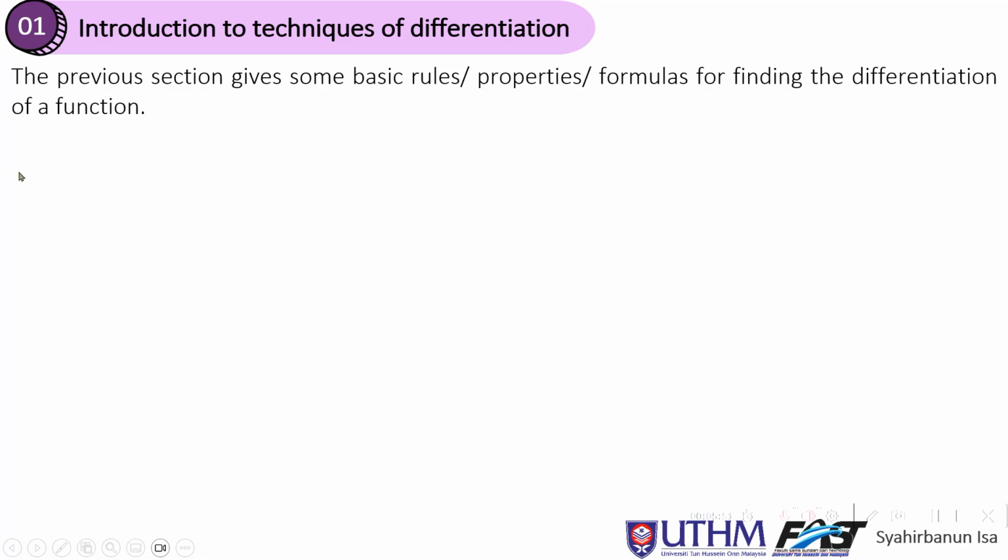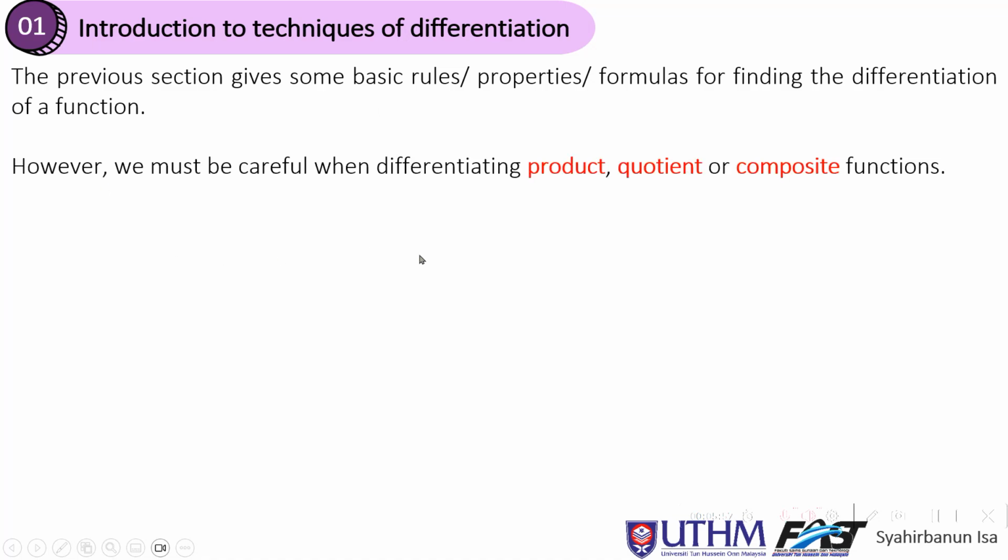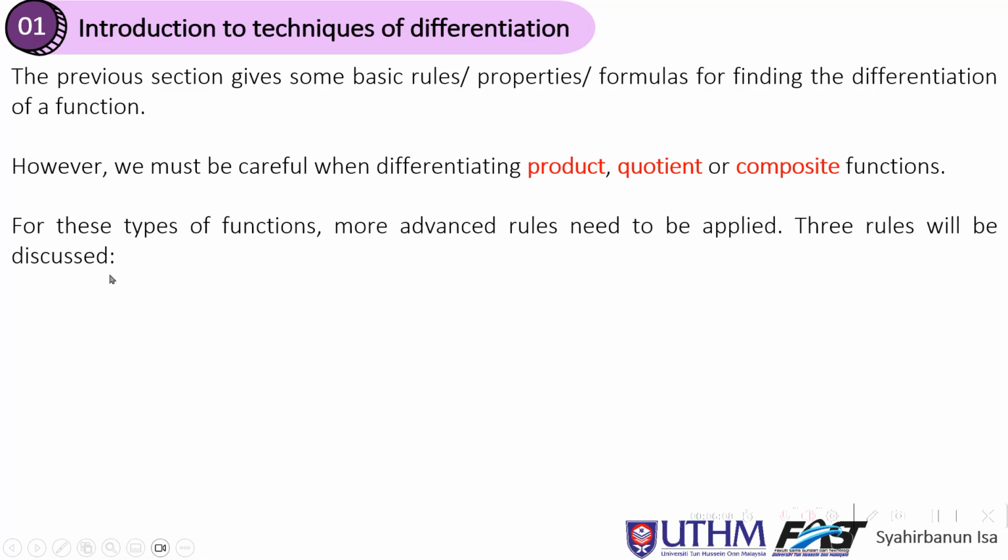Okay, the previous section gave some basic rules or properties of formulas for finding the differentiation of a function. However, we must be careful when differentiating a product, quotient, or composite function. For these types of functions, more advanced rules need to be applied.